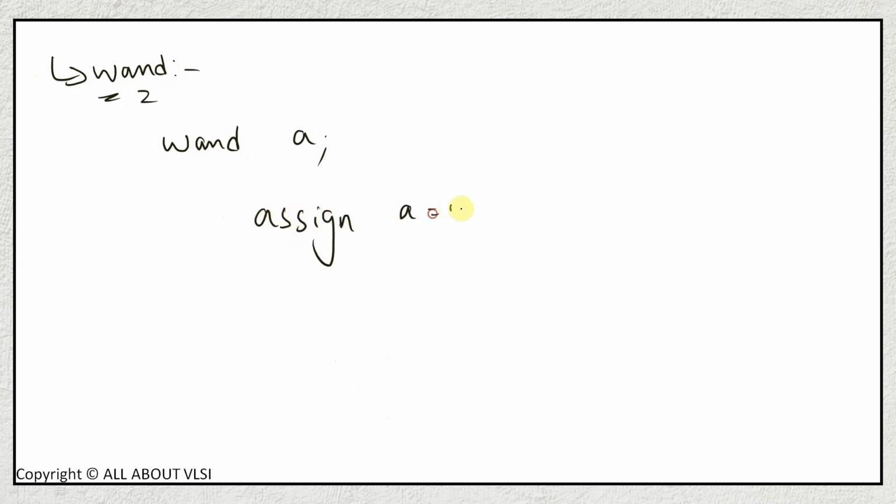Now let's say we have another data type, vand. If we declare a variable with vand data type, then what is going to happen? Assign a is equal to 0 and assign a is equal to 1.